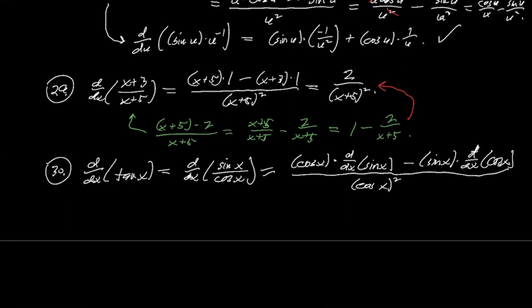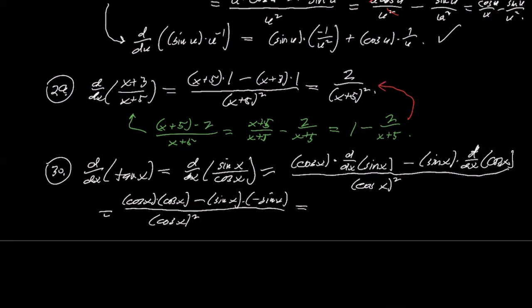So the top becomes cosine x times cosine x, right? Because the derivative of sine is cosine. The other part of the top becomes minus sine x times the derivative of cosine x, but that's negative sine x. Still all over cosine x squared.